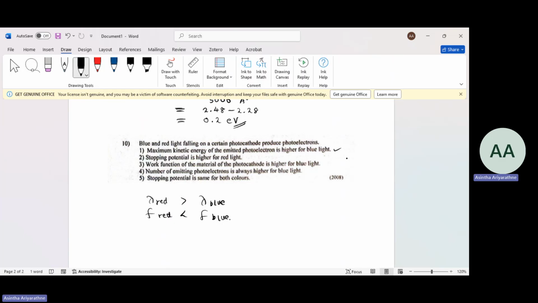The stopping potential is higher for red light? No. The work function is higher for blue? No, it is the same. The work function is the same for blue and red. The number of emitted photoelectrons is always higher for blue light? That we cannot say, right? The number of emitted electrons depends on the intensity of the light, hence it is not always higher. So only one is correct.